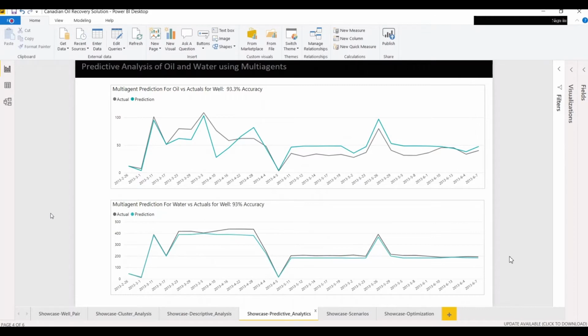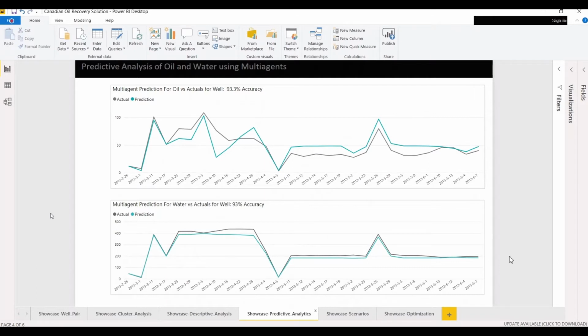Accuracy for water prediction using our model that MADS has automatically found was also 93% accurate. So these are fairly good measurements or accuracy metrics and tell us that the model that MADS has found, or the algorithm that MADS has found, is fairly reasonable to use.